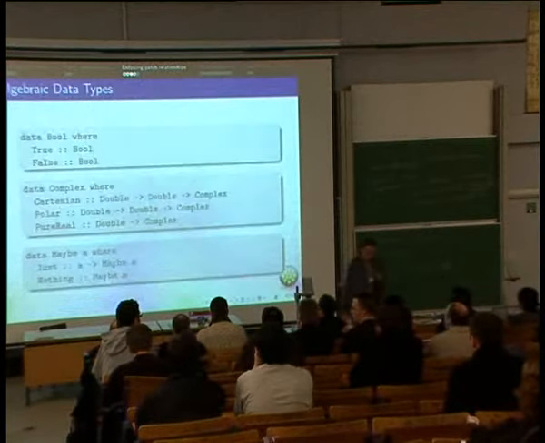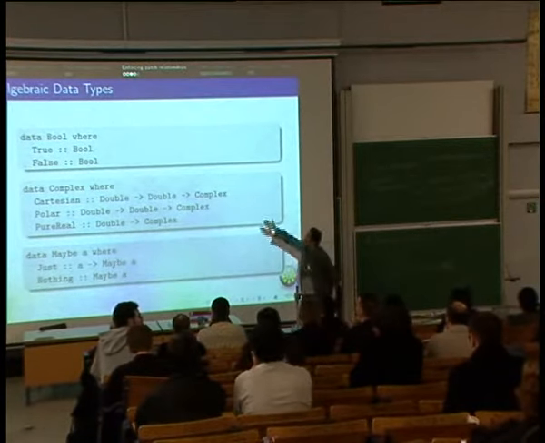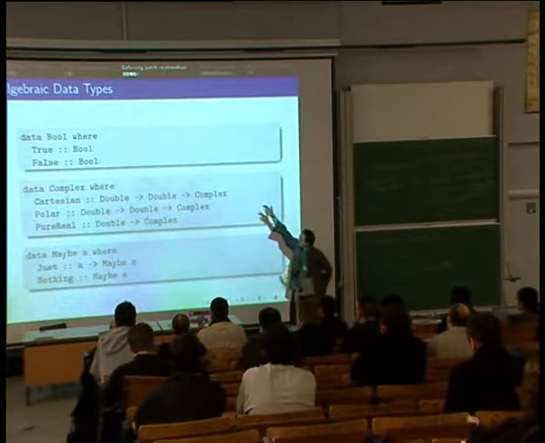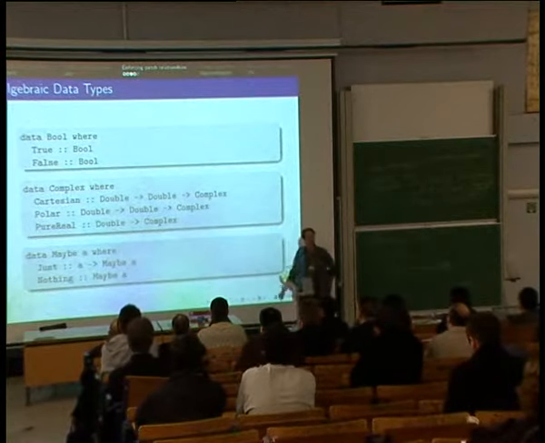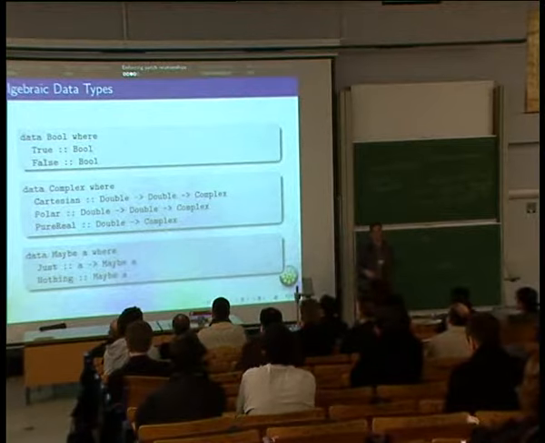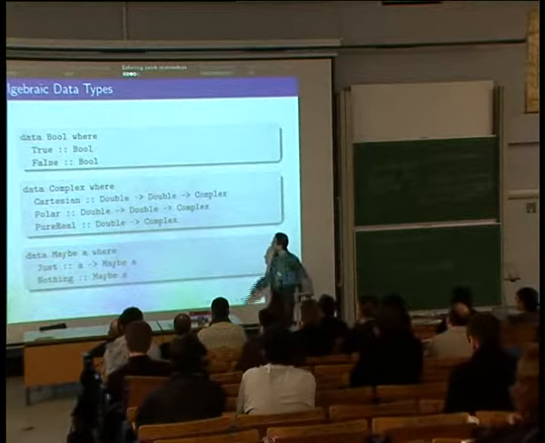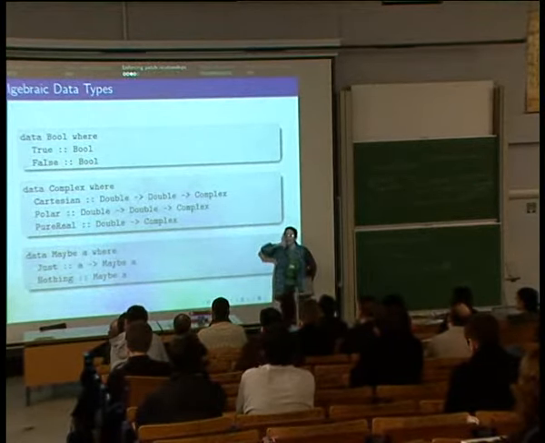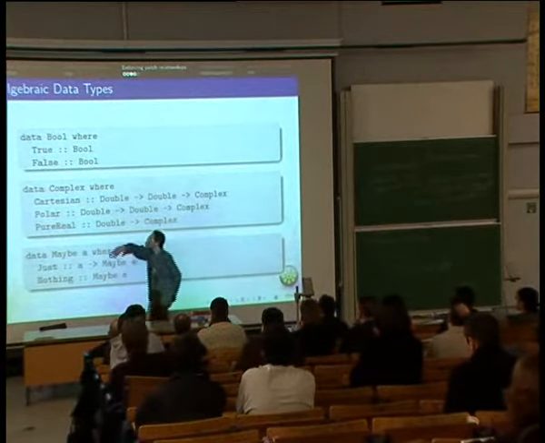So to move on to algebraic data types. Algebraic data types in Haskell are, for example, Bool, which is declared as data Bool, where you have two what are called constructors, True and False, which are Bool. The syntax I'm using here is the GADT syntax, which will be new to any Haskellers out here who aren't familiar with GADTs, since it's a new type. Another example would be data Complex, which could have three different constructors.